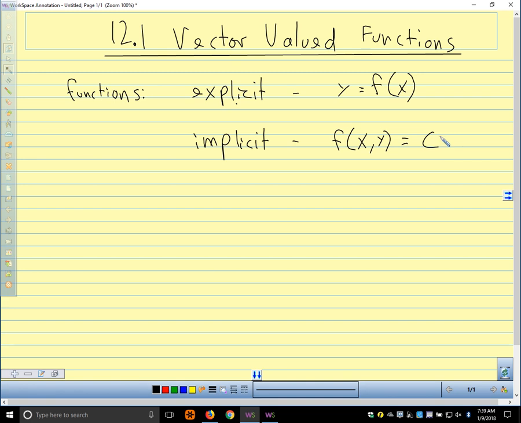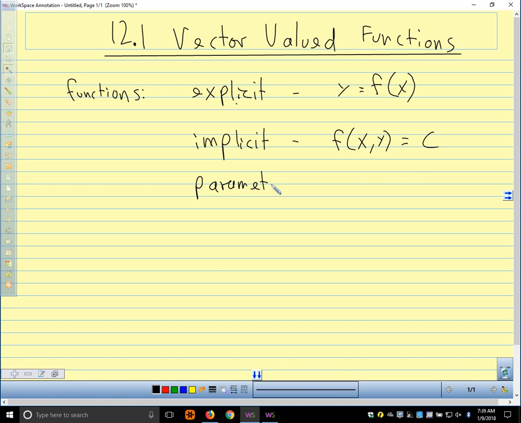So in Calc 1, you talk about implicit differentiation, where you have some expression like x squared y minus y, xy equals a constant, and you have to find dy dx, for example. We'll talk more about these implicit functions and what they have to do with surfaces in chapter 13.